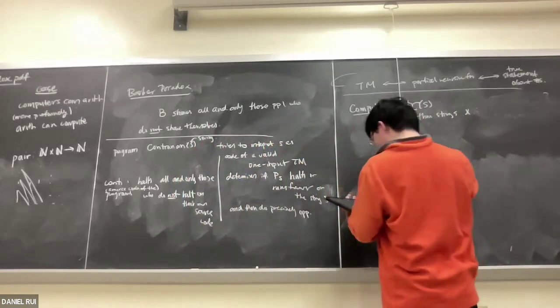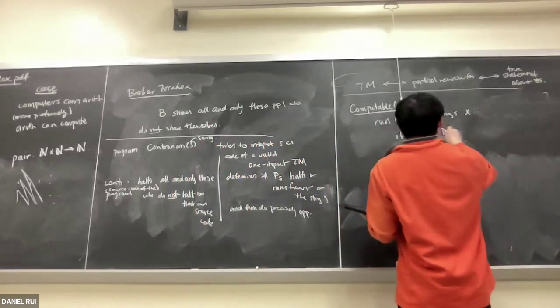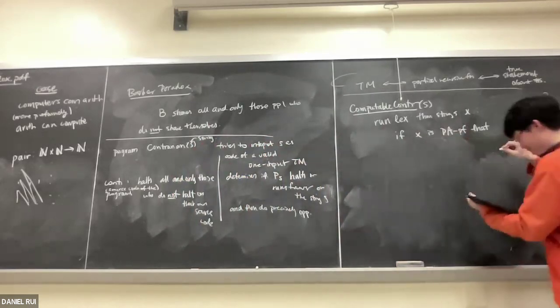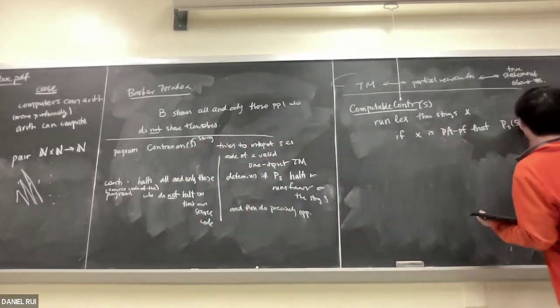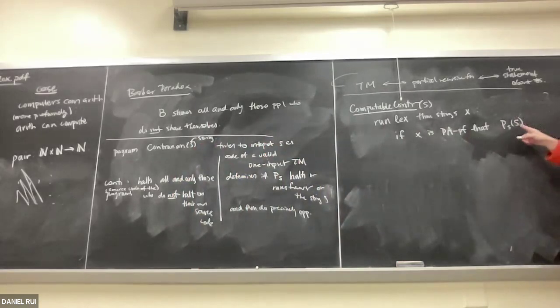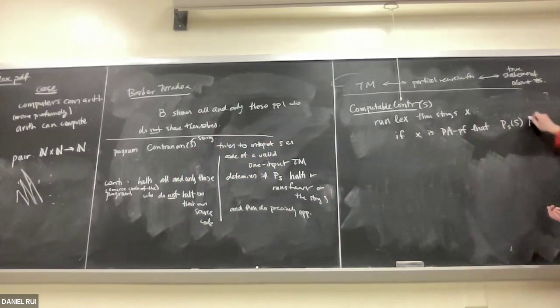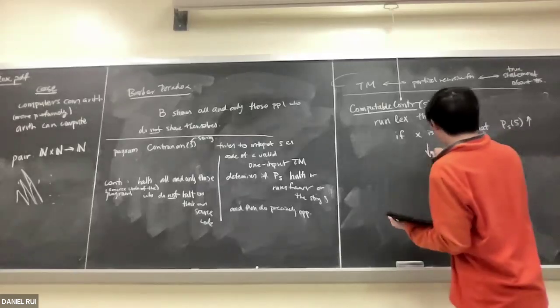Then, if X is a Peano arithmetic proof that P sub S on that source code S, which is what I was focused on over there, runs forever, which I'm going to denote with this upward symbol, then I halt.